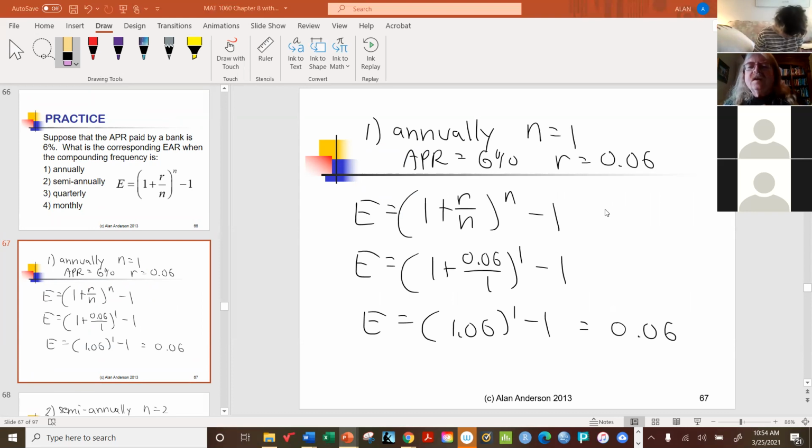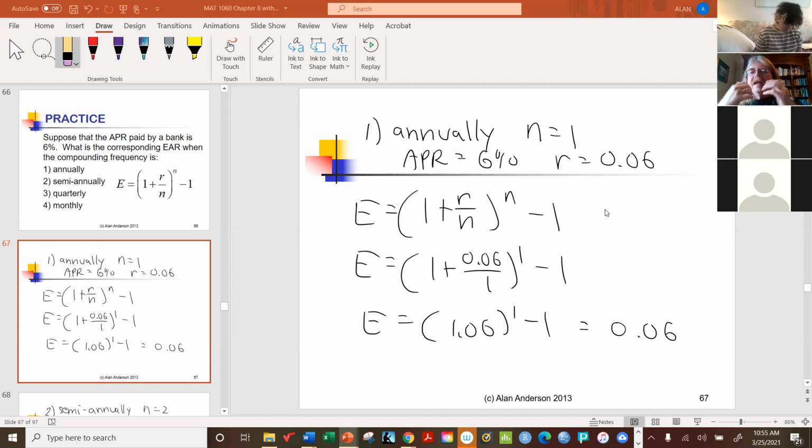Remember, this is the case where EAR equals APR. So you didn't really even have to do any calculations, though it's fine that you did, because you would have been able to say, well, listen, if n equals 1, I know right away that EAR equals APR. Therefore, my answer is 6%.